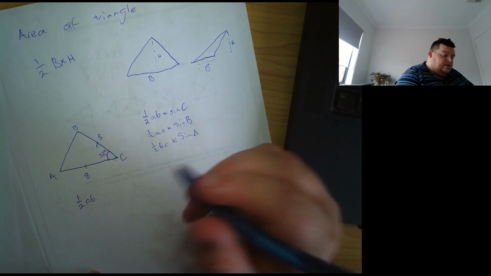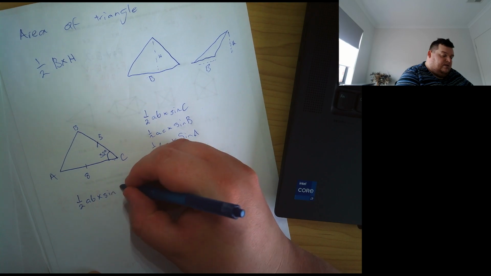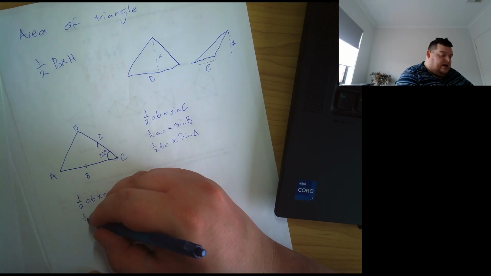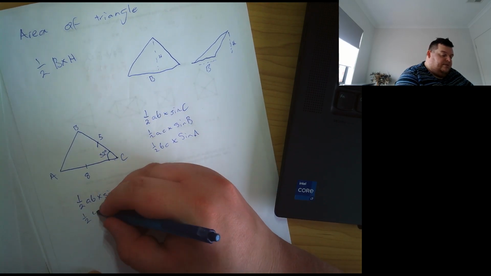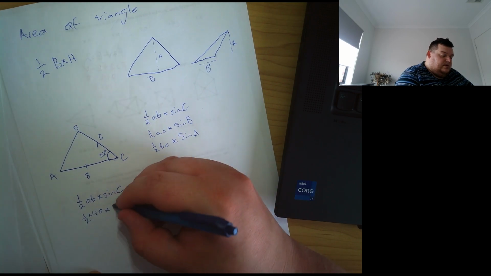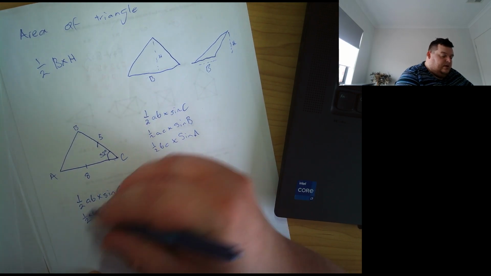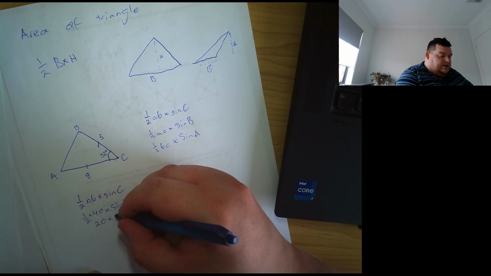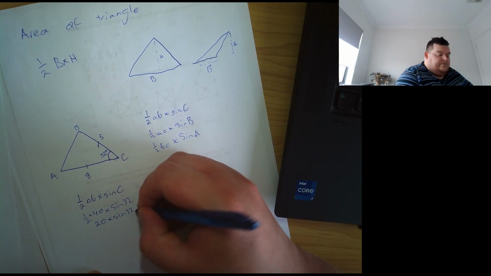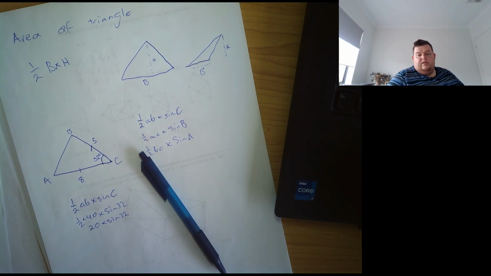If I wanted to solve for the area of this triangle, I could just do half AB times sine C. So a half of 5 times 8, which is 40, sine 32. Half of 40 is 20 times sine 32. I don't know what sine 32 is, so I'm going to do that on my calculator here.